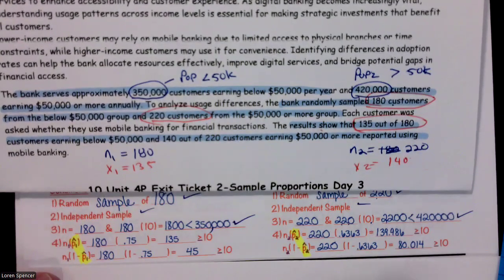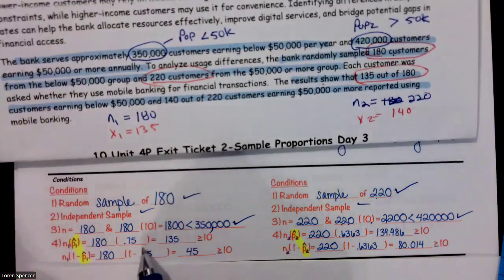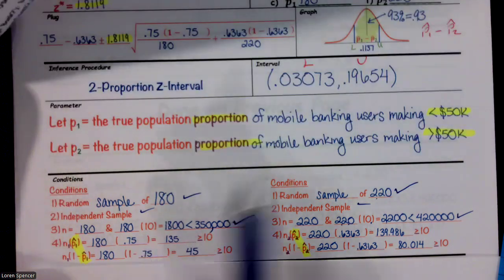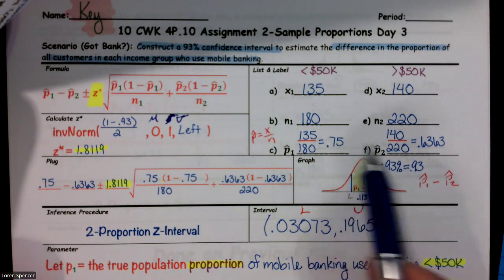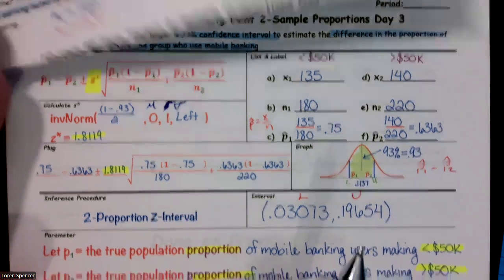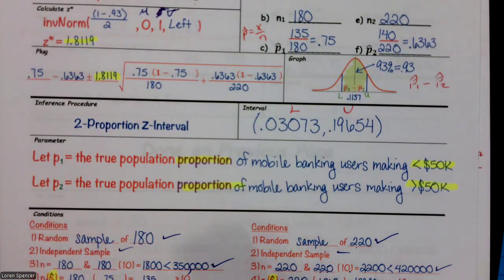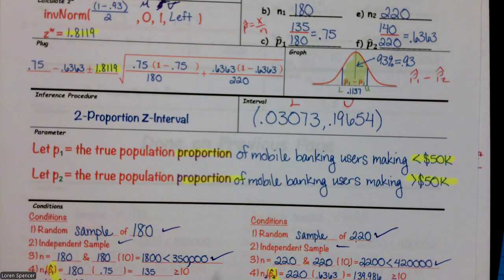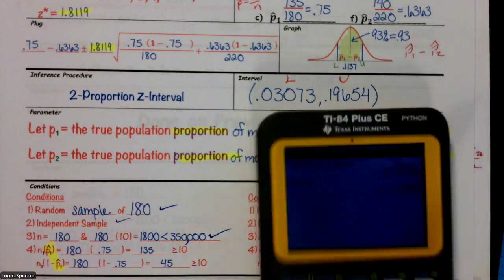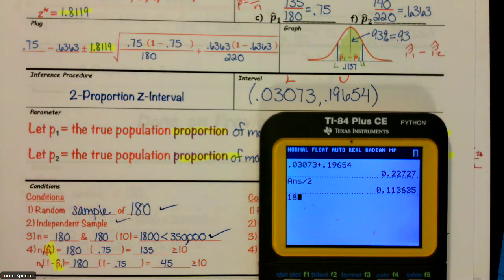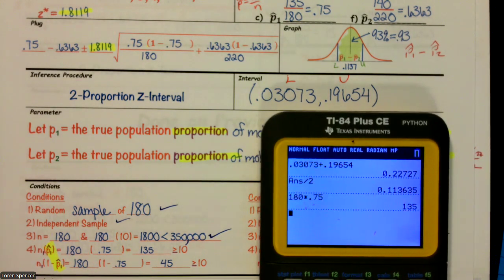So sample size 1, which is 180, times p hat 1. Well, we're going to have to flip all the way back up there, and we see p hat 1 is 0.75 and p hat 2 is 0.6363. So we're going to use those. All right. So 180 times 0.75 is 135. That one's big enough.